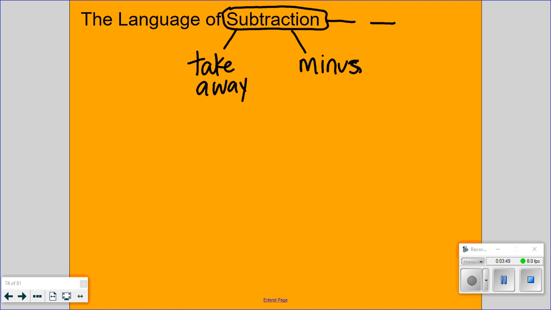Would that be U or It is a U minus. So there are two ways to describe a subtraction problem.